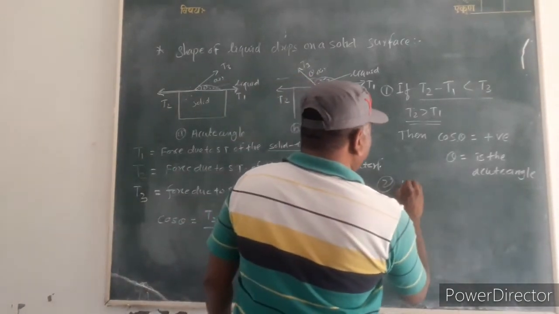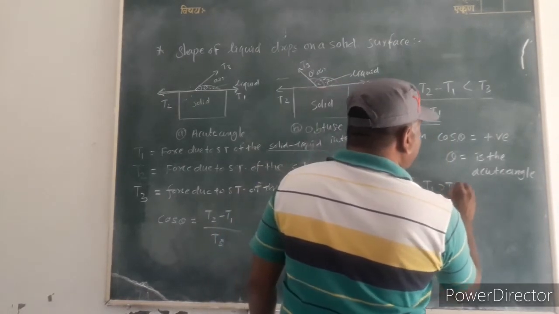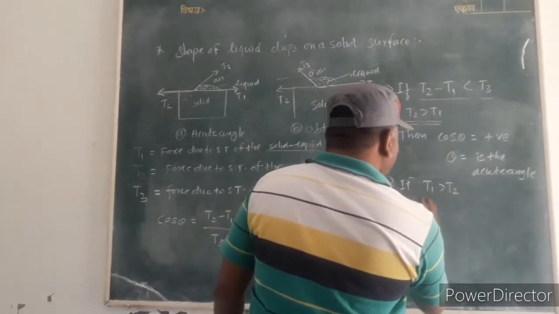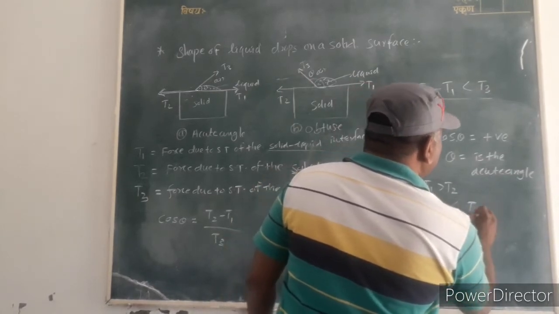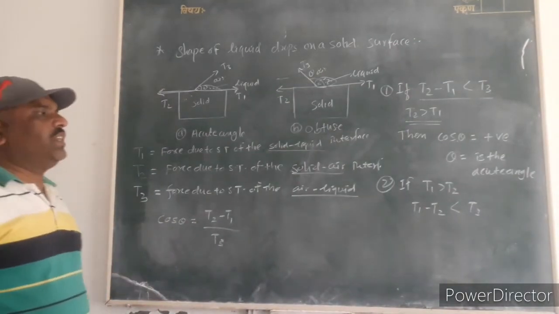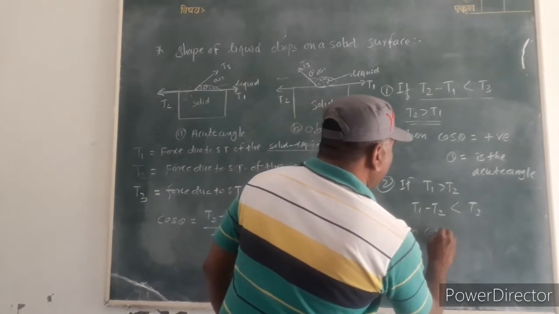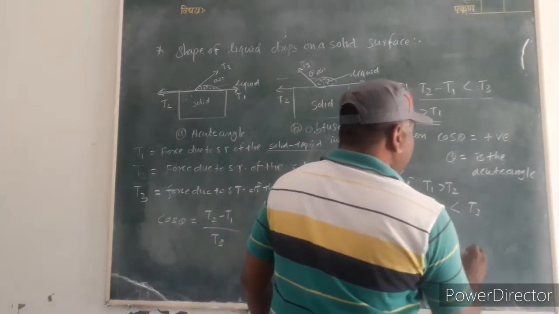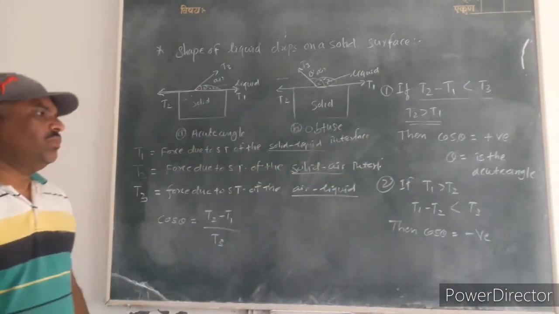Second, if T1 is greater than T2, or T1 minus T2 is less than T3, then cos theta is a negative value.